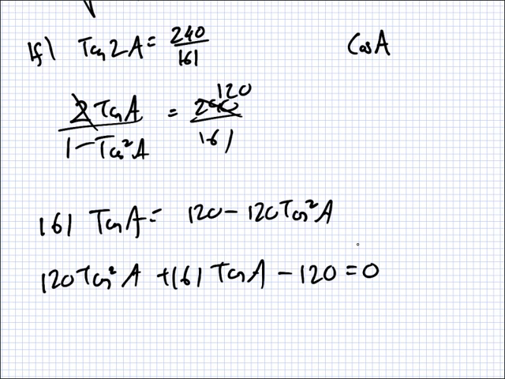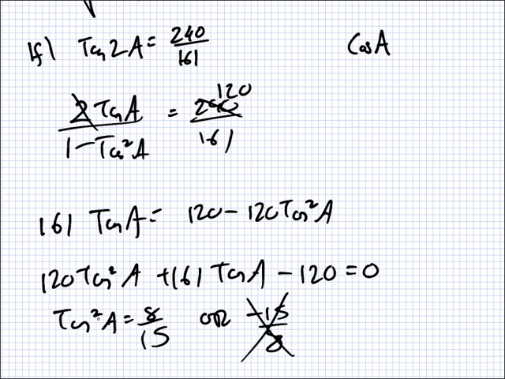Calculator time. So you get tan A equals 8 over 15, or minus 15 over 8. Well, reject that.